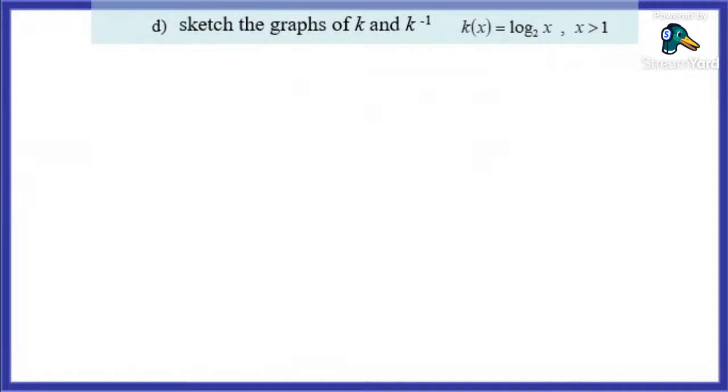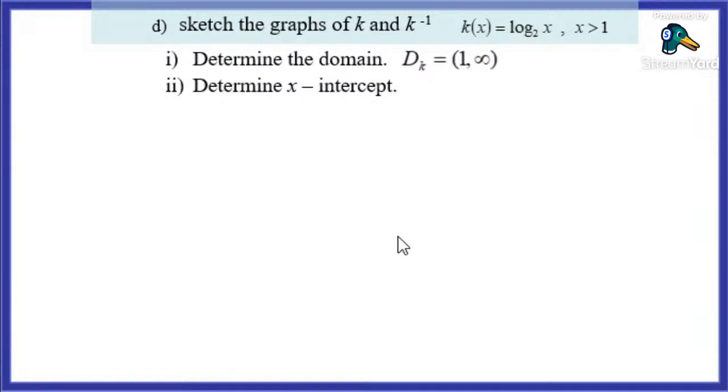Now we want to sketch the graph k and k inverse. k is a log, so we use the log steps. The domain is from 1 to infinity, and then find the x-intercept.